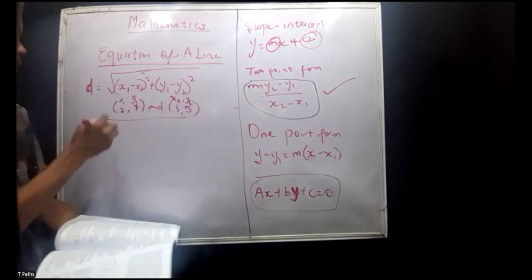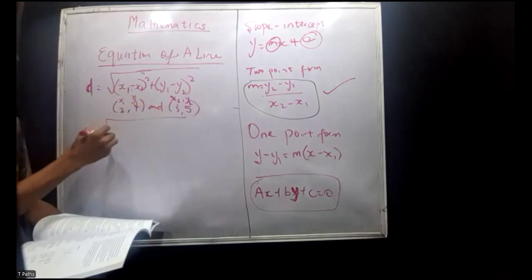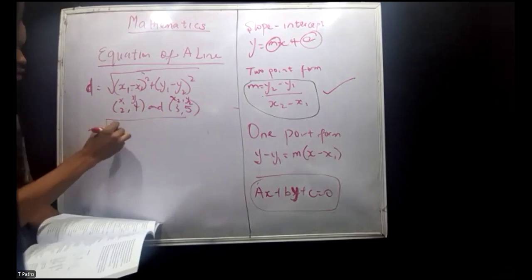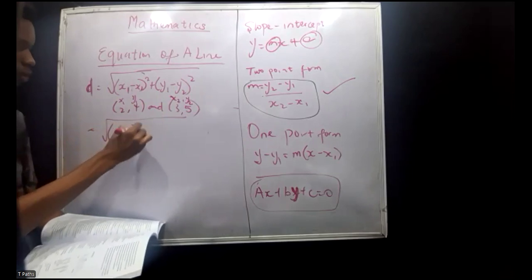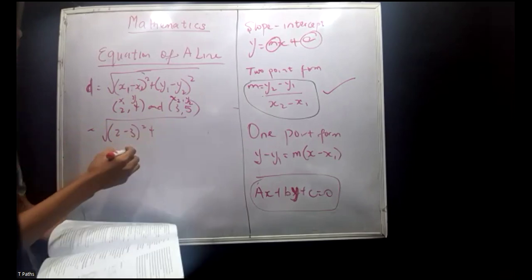So x1 is 2 minus 3 squared plus y1 minus y2 squared. This will become very simple. For the distance between 2 points, you use the formula, and that is option B. Question 4, option B.